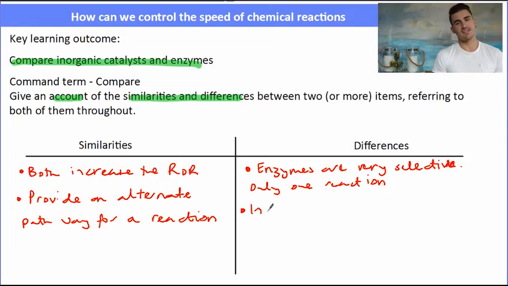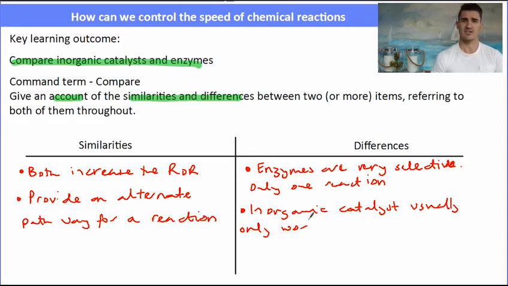Another difference is that the inorganic catalysts tend to be only useful at much higher temperatures, so above room temperature. Enzymes work at much milder temperatures, usually temperatures found inside the body, which is a lot lower than some of the inorganic catalysts that don't really start to work until about 300 or 400 degrees.